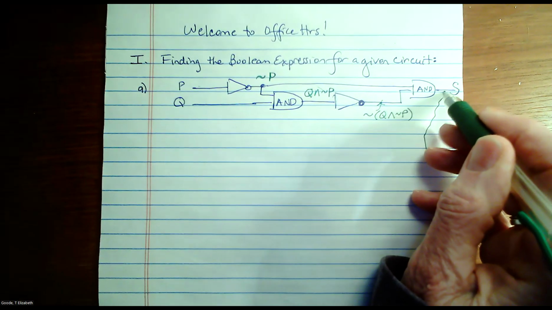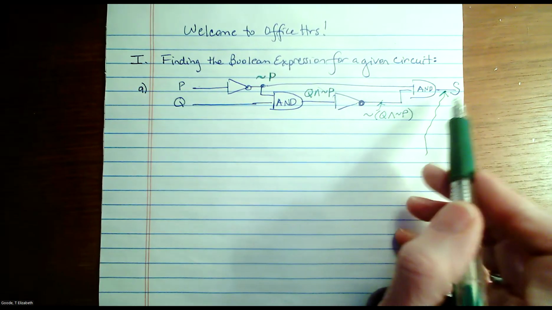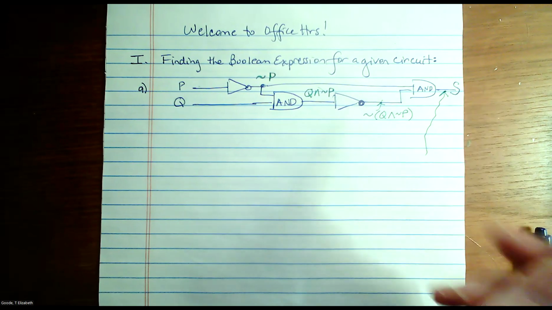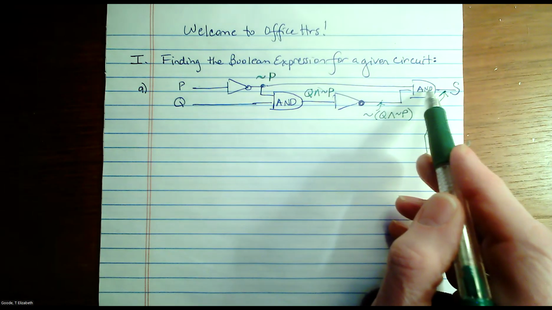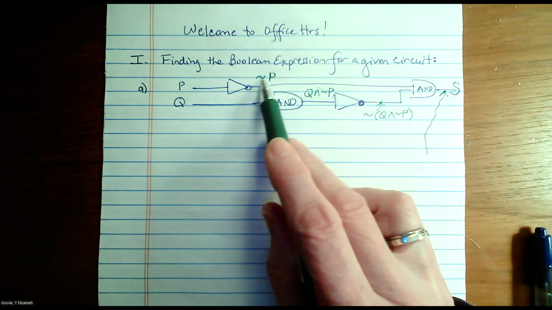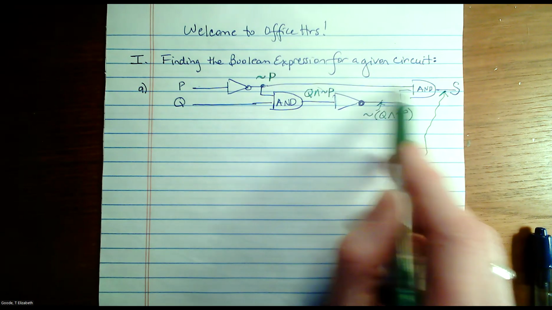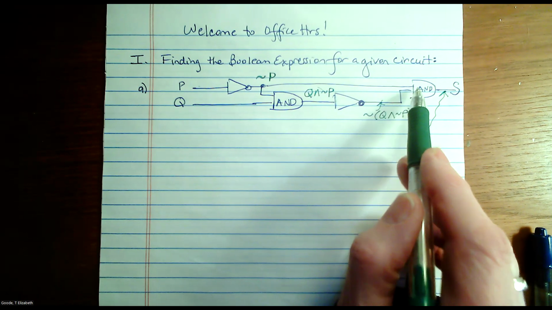Finally, the final output is on this output wire. So what's coming out of this AND gate? Well, do we need that not P? Yeah, because it's part of what's getting ANDed together.